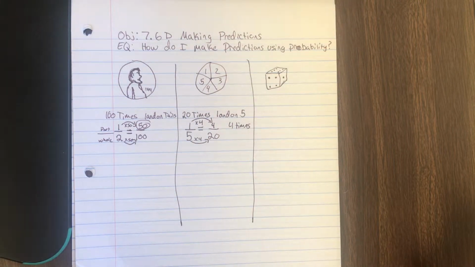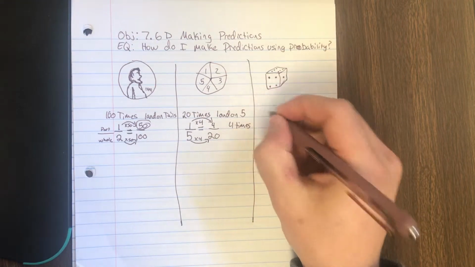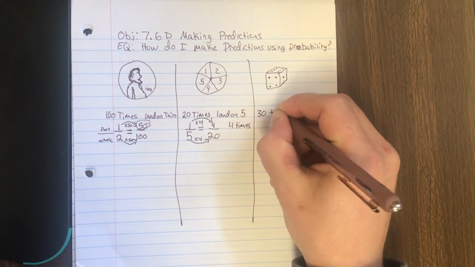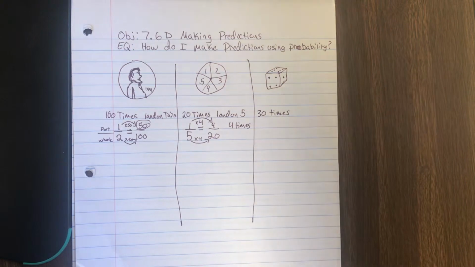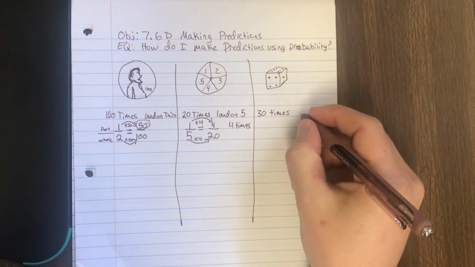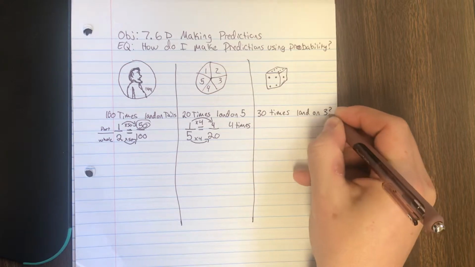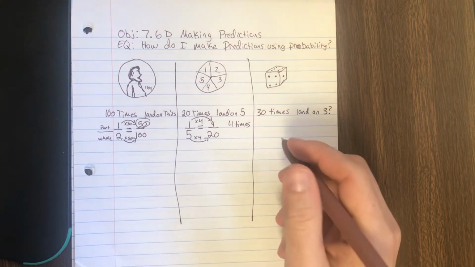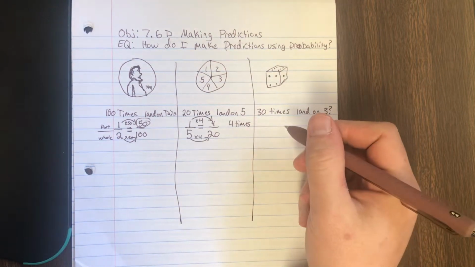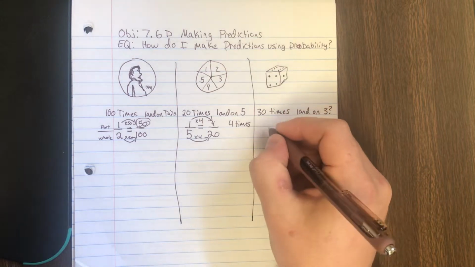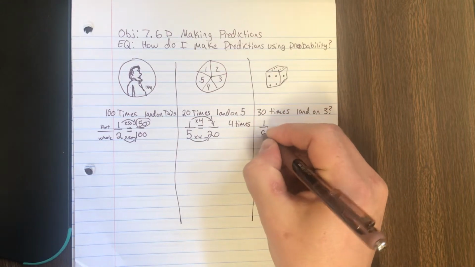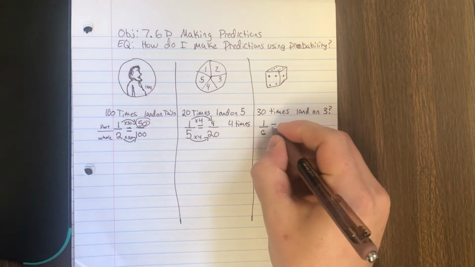And then if I roll a die 30 times, how many times would I land on 3? The probability of me landing on 3 would be 1 out of 6, because there's 6 options on a die.